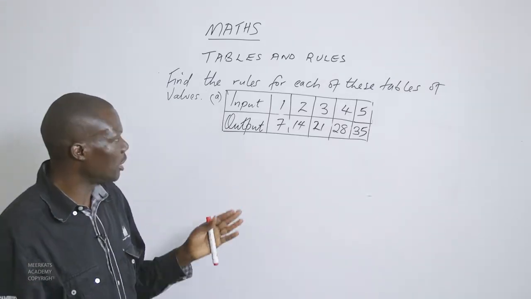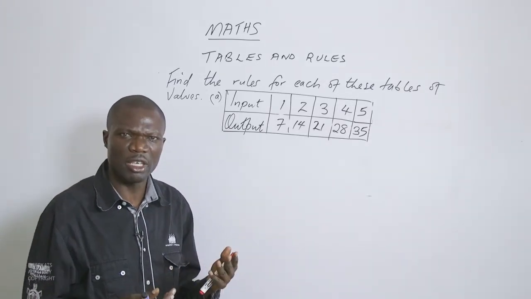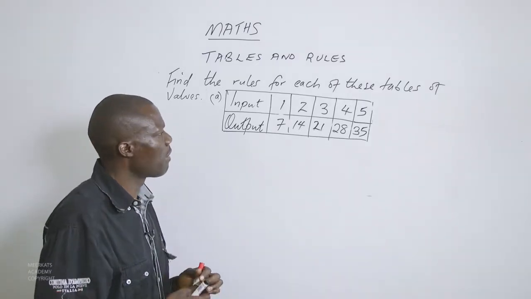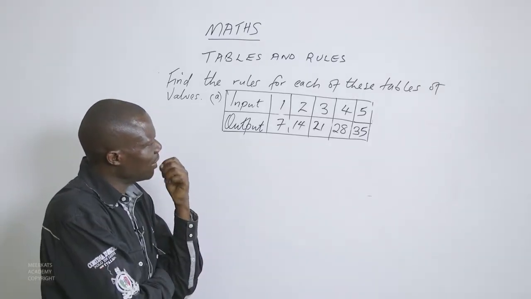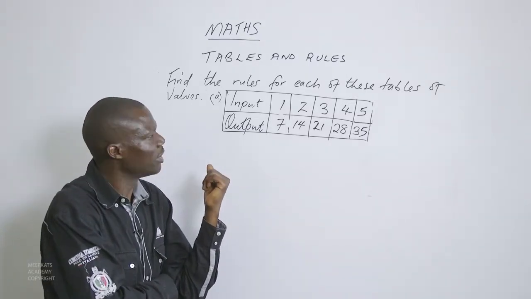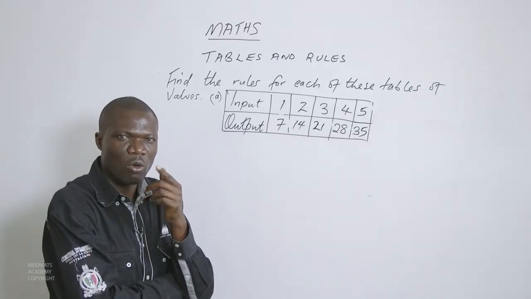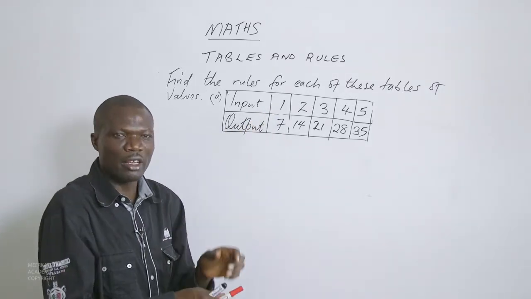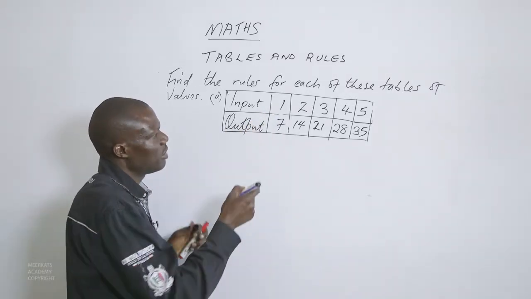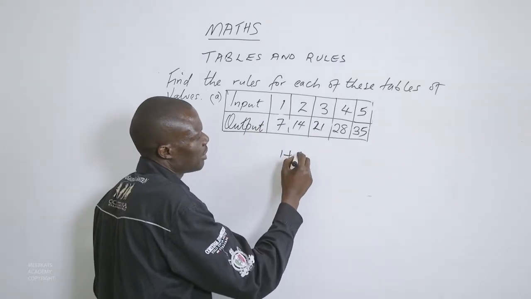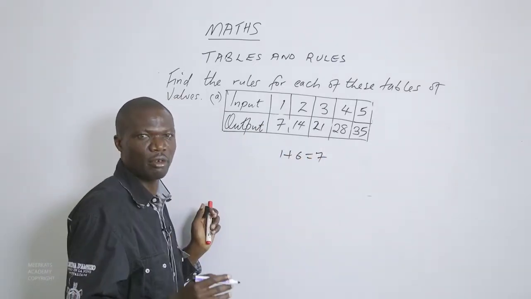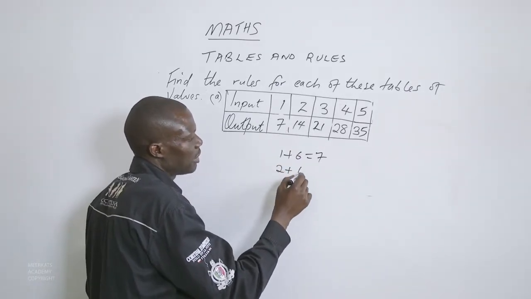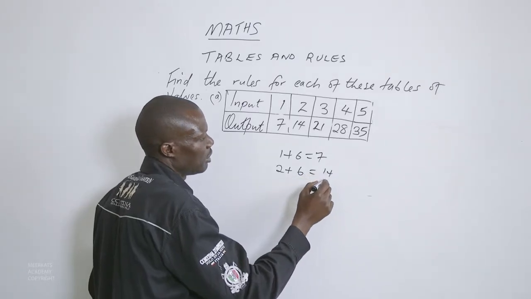By inspection still, you look at the values, you look at the behavior, how you are arriving at another one. 1 and 7: to arrive at 7 from 1, you can add 6. So 1 plus 6 is equal to 7. Fine. Suppose you take 2: 2 plus 6 equals 8, not 14.